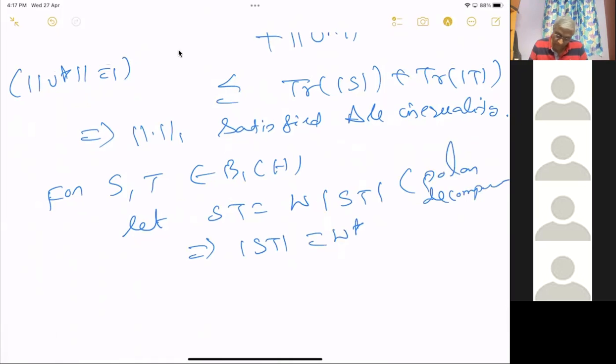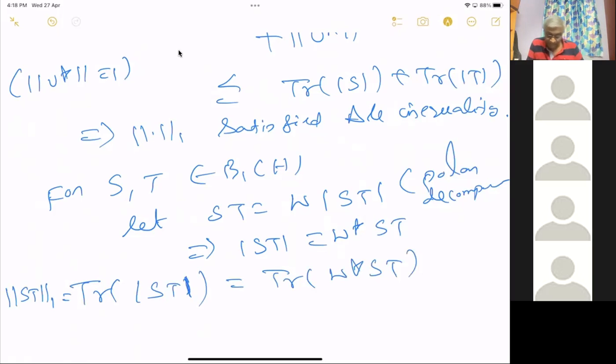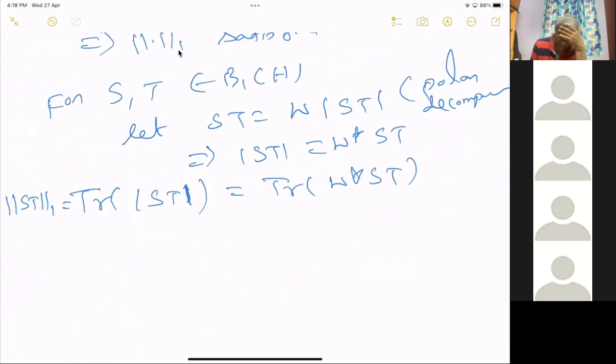So this is equal to ST. Now trace of mod ST, this is the norm of ST in norm 1, equal to the trace of mod ST. That is equal to trace of W star ST. We have already proved that.